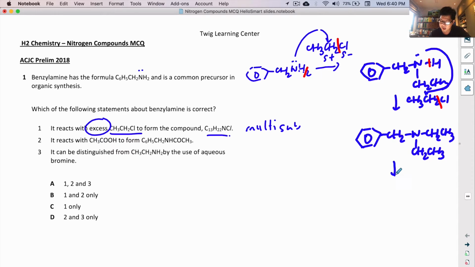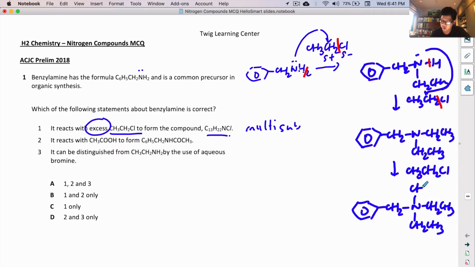And of course, the last step with excess CH3CH2Cl, I'm just going to draw it for you. Finally, this is what you get: C6H5CH2N with three CH2CH3 groups, and there's a plus, and the Cl minus. This will become a quaternary ammonium salt.